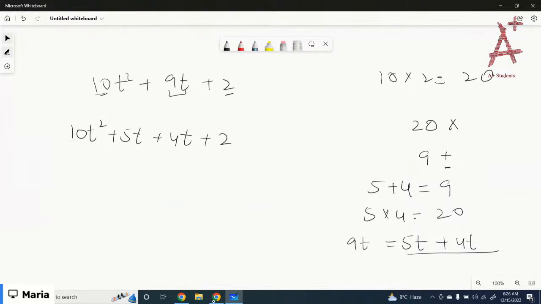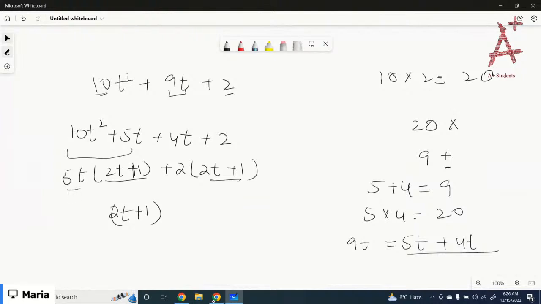Here 5t is common and you are left with 2t plus 1. Here 2 is common and you're left with 2t plus 1. So 2t plus 1 is a common factor and you're left with 5t plus 2.